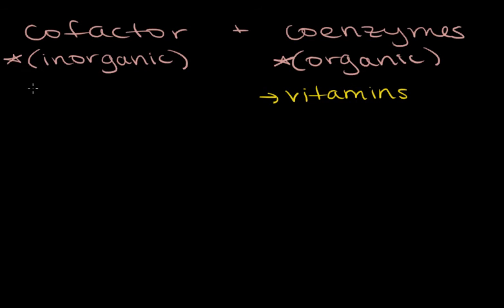Cofactors are typically things like metals. So these two are big in enzymes. Also, coenzymes like NADH can be small molecules that are also organic. Sometimes these are also called cofactors. So small molecules, vitamins, and metals. What these all have in common is, like the enzymes, they are not consumed.